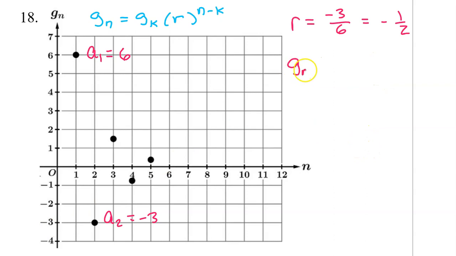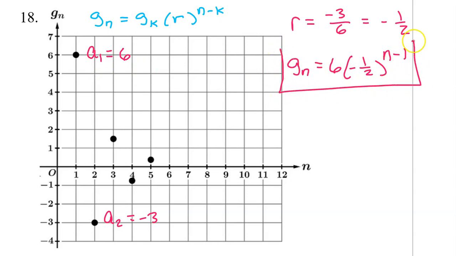Now we can write Gn. I'm going to use a1 for my gk, so I will put 6 right here, and the r we just found to be negative 1/2, and then it's n minus k. My k value is 1, so n minus 1. This is one expression for Gn.